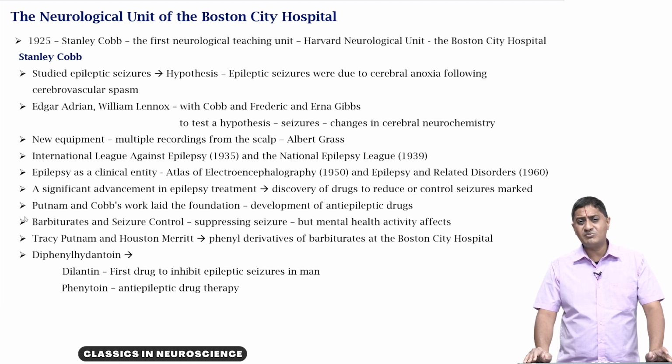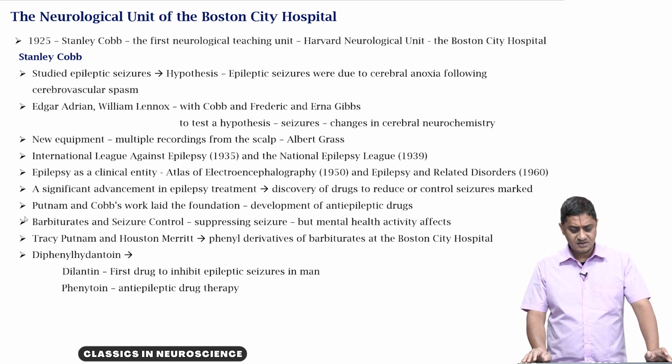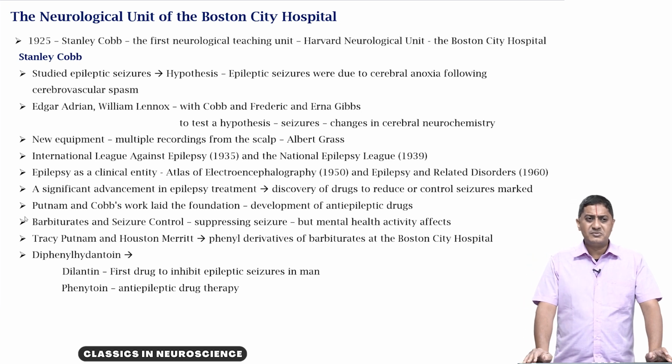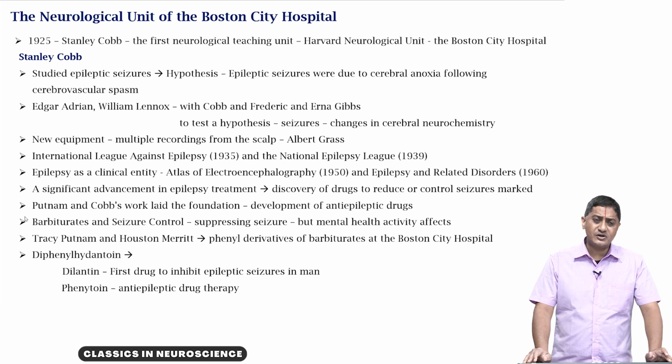It was around the same time that the Atlas of Electroencephalography and Epilepsy and Related Disorders were published. This led to a big improvement in the diagnosis of epilepsy, but still there was no big advancement in terms of treatment.